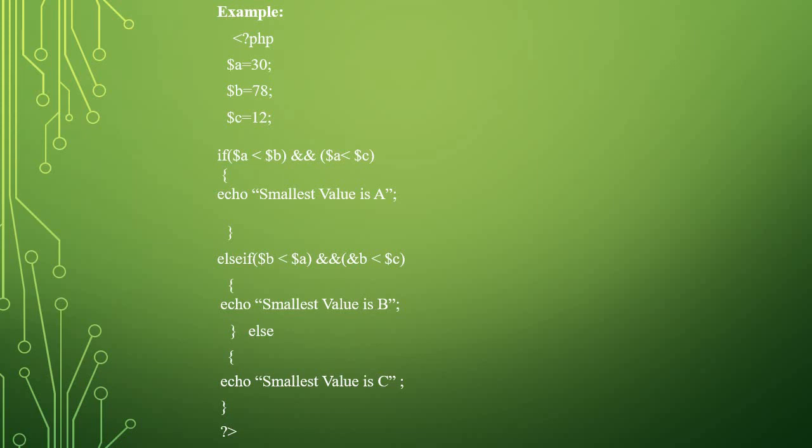Else if $B is less than $A and $B is less than $C, then B will be the smallest number. In case A and B are not the smallest number, then definitely C will be the smallest number. So in the else part, we mention C will be the smallest number.